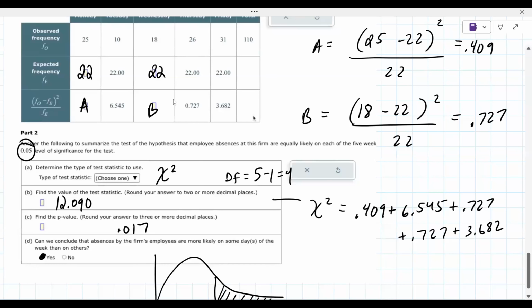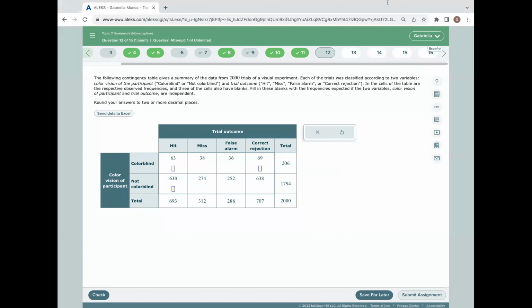Right, so next one. All right. This one here, grab the table. All right, let me share my screen.